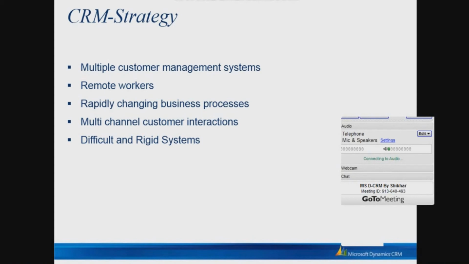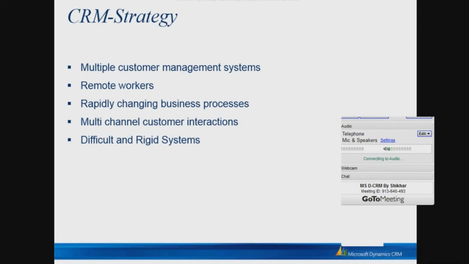Now, the market is always tight, so you have rapidly changing business processes. So your CRM tool should be smart enough to allow changes inside the system which align your company processes according to the current market trend. Make sense? There are multiple channel customer interactions.